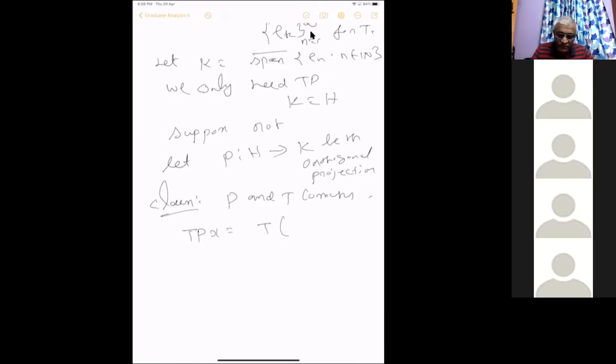P is just a projection onto the space spanned by those orthonormal vectors.